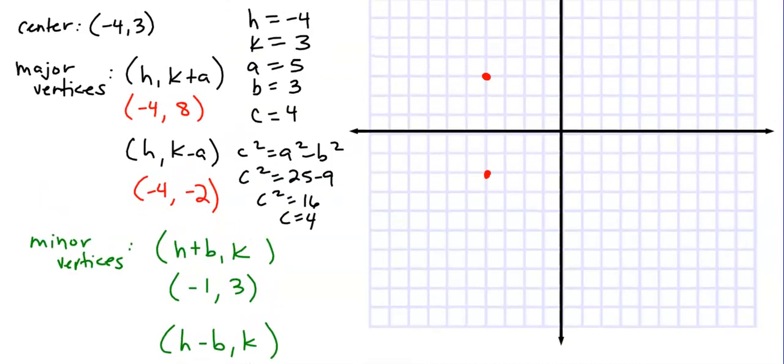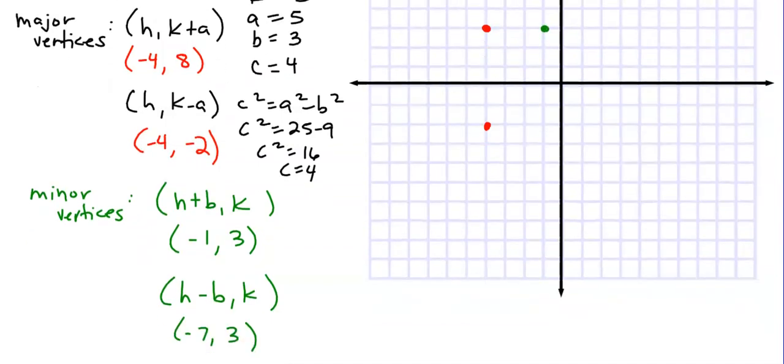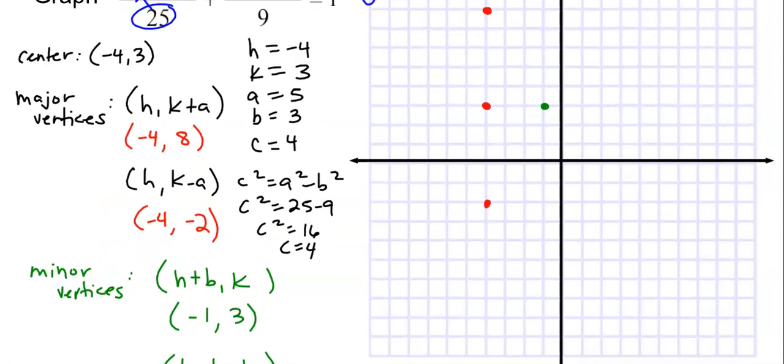So -1, 3 would be right there. And then what was it, -7, 3? There. And yeah, it should always look nice and symmetrical and kind of oval-like. And then we can just connect those.